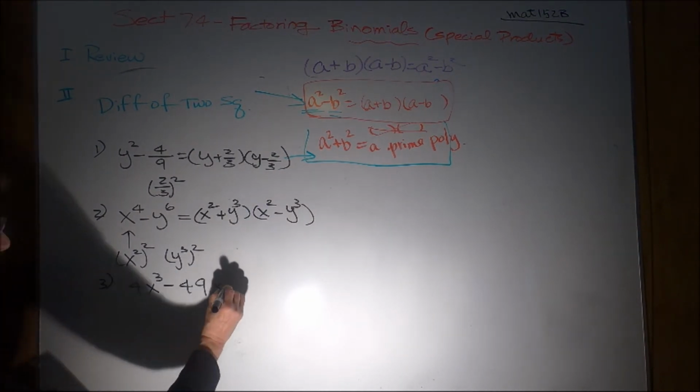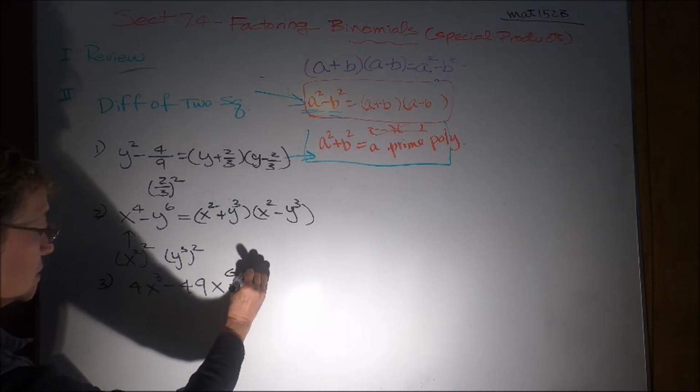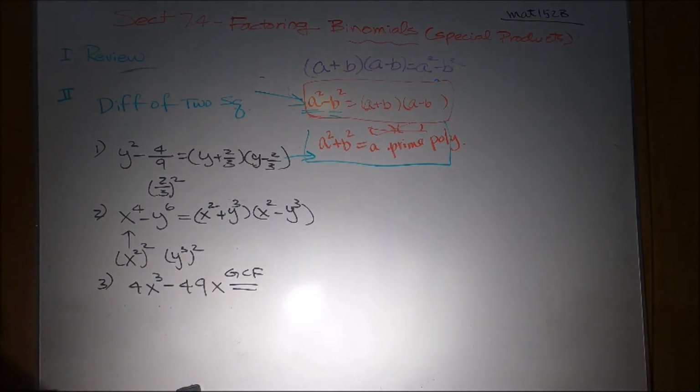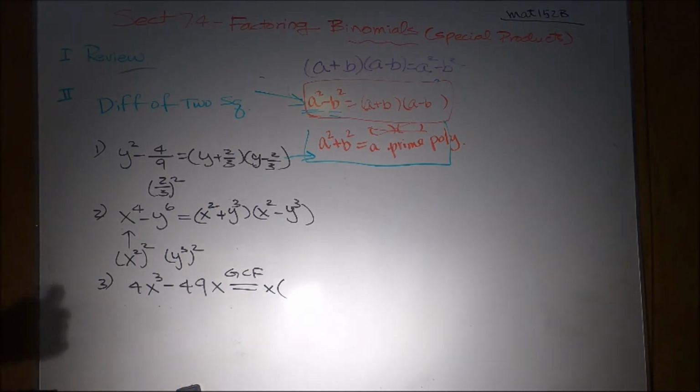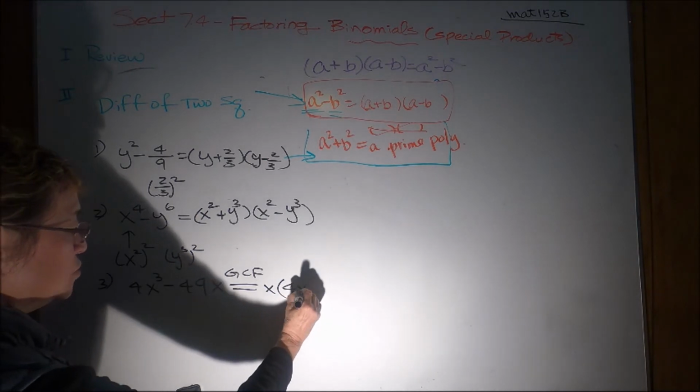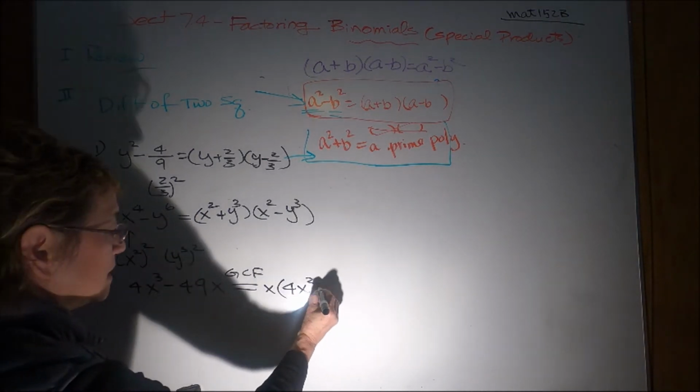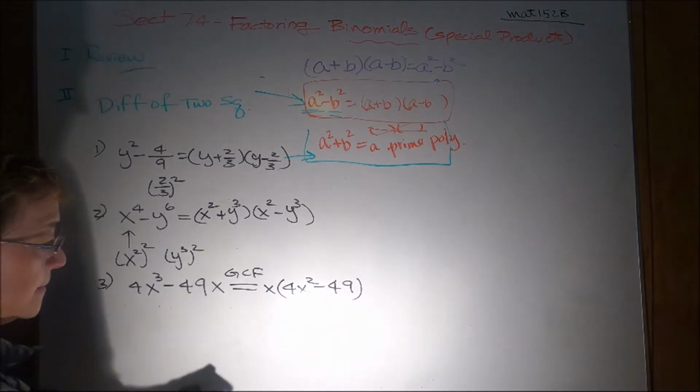However, remember, we always do what first? Don't forget. You will do GCF first. So what kind of GCF do you have for the two terms? That would be x. If you take x out, you will have 4x squared, right? Take x out, you have 49.